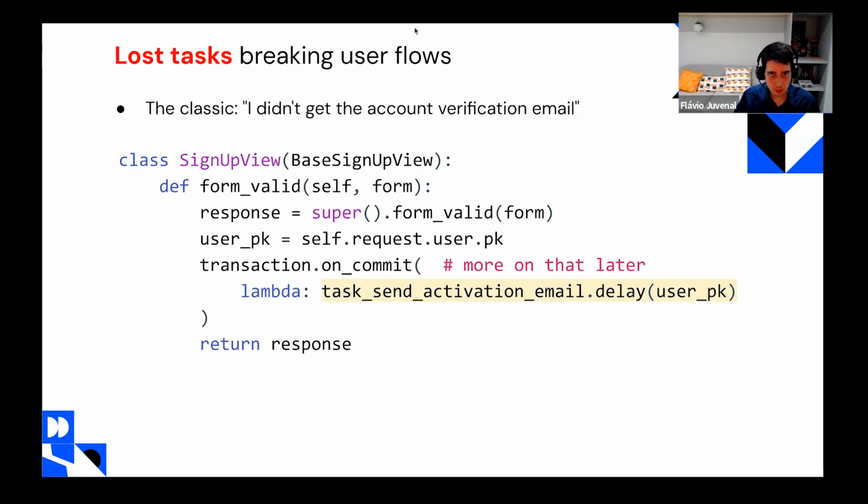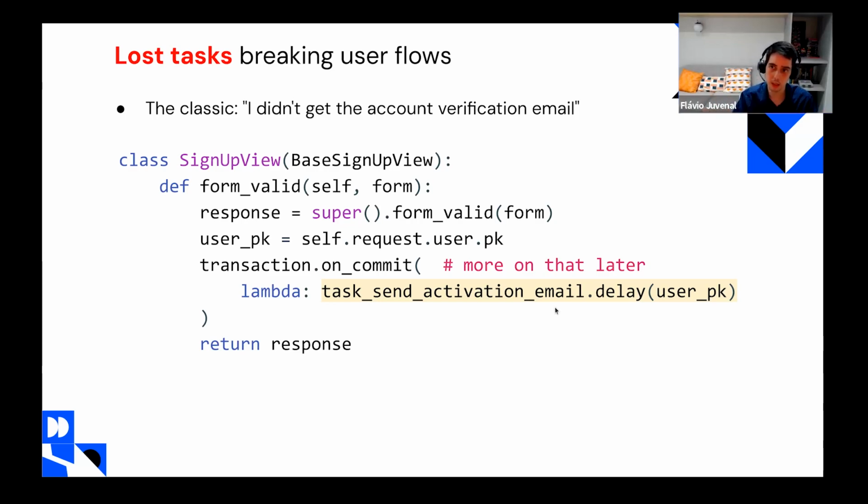And lost tasks can also break user flows. The example that I told before, I didn't get the account verification email, right? So on Django, this is how this looks. In this case, a sign up. You have a sign up view, and on the form valid for the sign up view, you get the user, and then on transaction on commit, after the transaction of that view is done, you send the activation email.